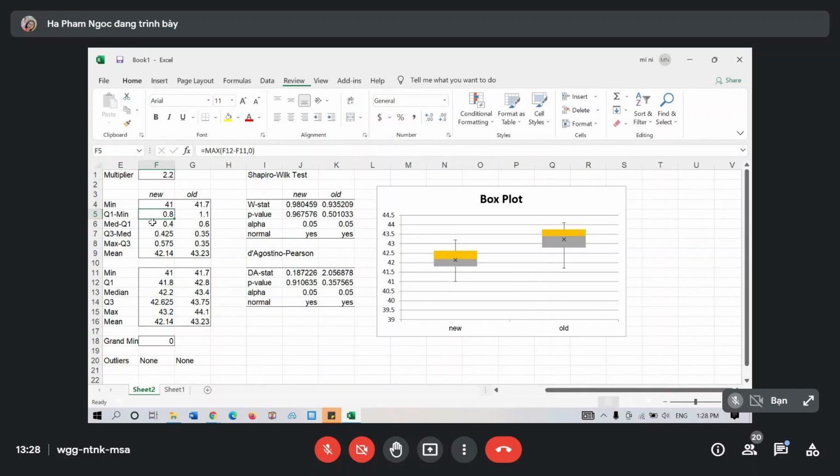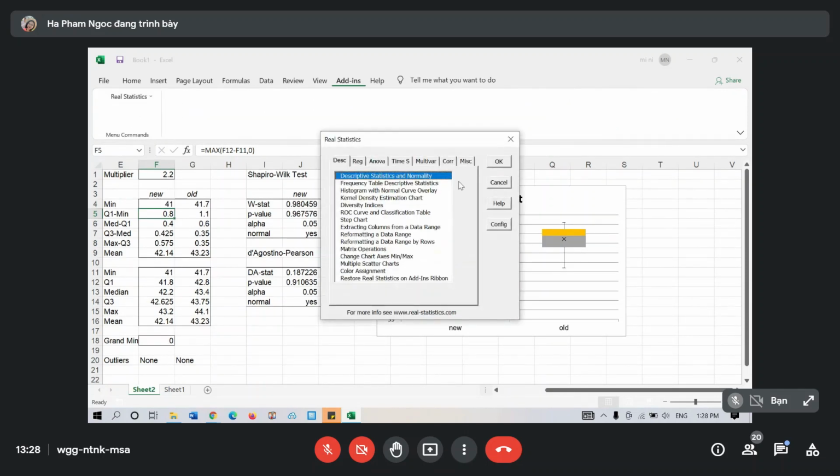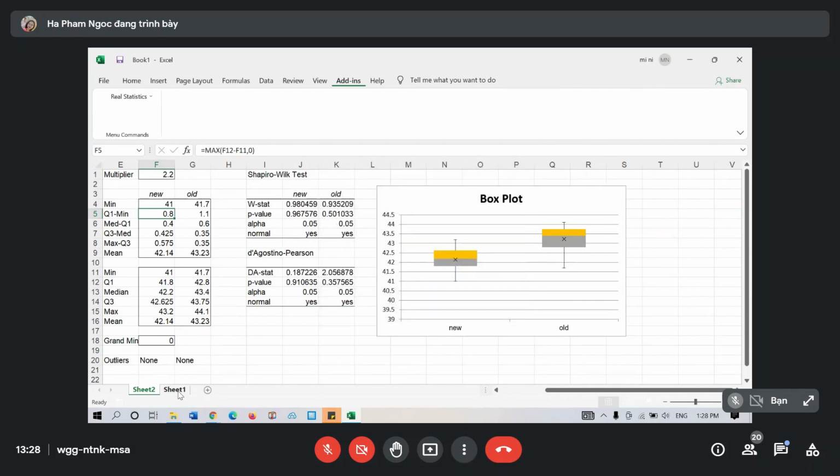I just use the tool, so I don't really understand how it gives me the result. What tool did you use? I use this one, the real statistic tool.